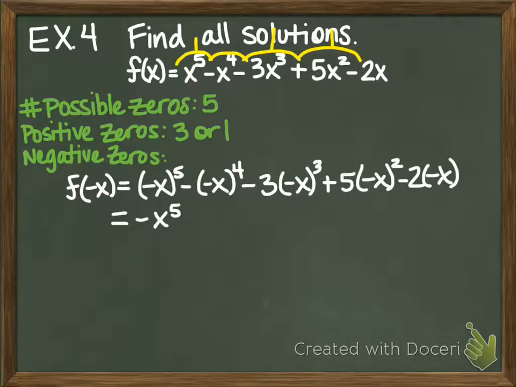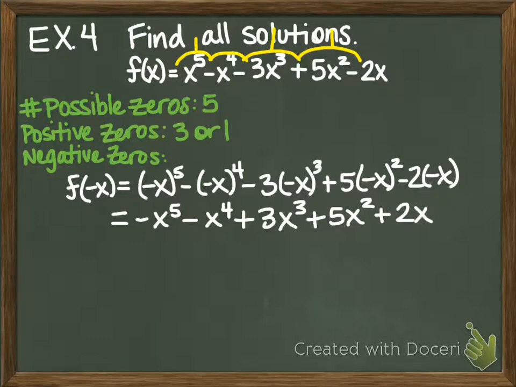So it's going to be negative x to the 5th, that changed the sign in front. This keeps the sign. Odd is going to change, even is going to keep, and then odd is going to change. So then we count the sign changes for this function, and there's only one time that it changes, so that means there is one negative solution.